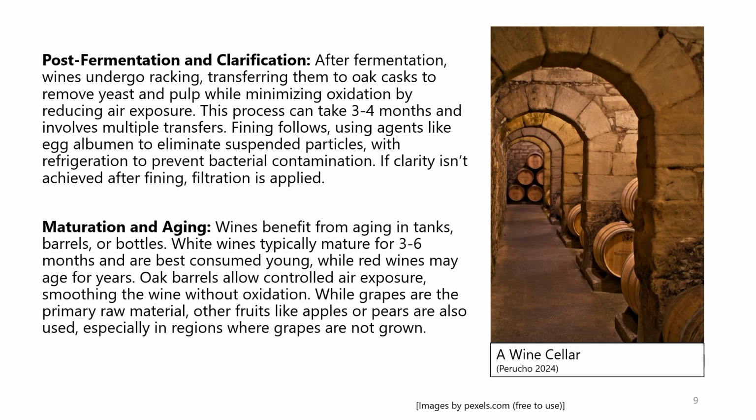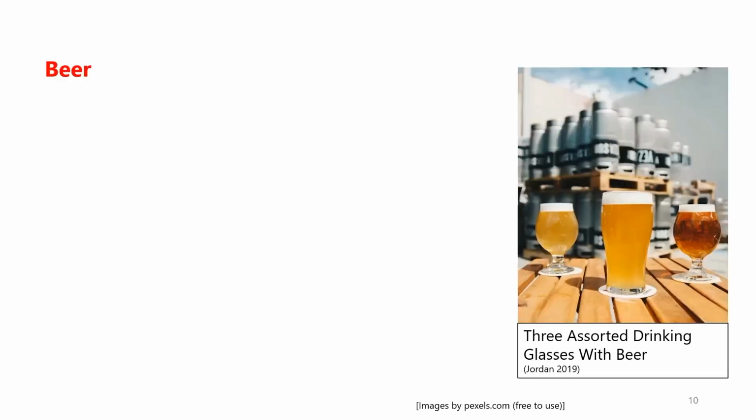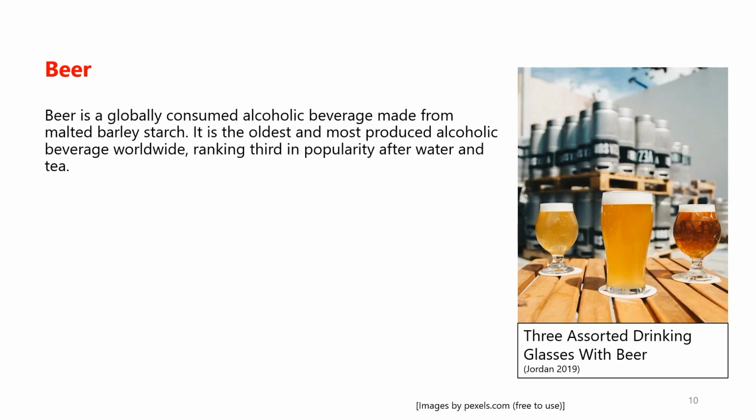While grapes are the primary raw material, other fruits like apples or pears are also used, especially in regions where grapes are not grown. Another important alcoholic beverage is beer, which is consumed globally. Made from malted barley starch, it is the oldest and most produced alcoholic beverage worldwide, ranking third in popularity after water and tea.